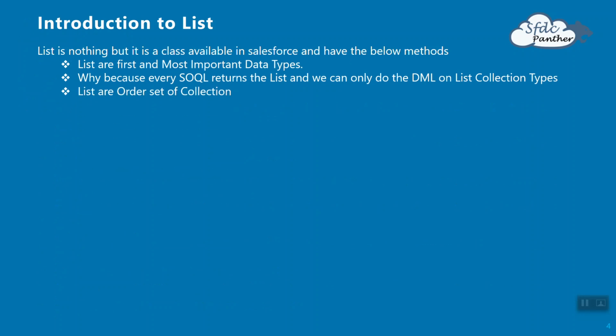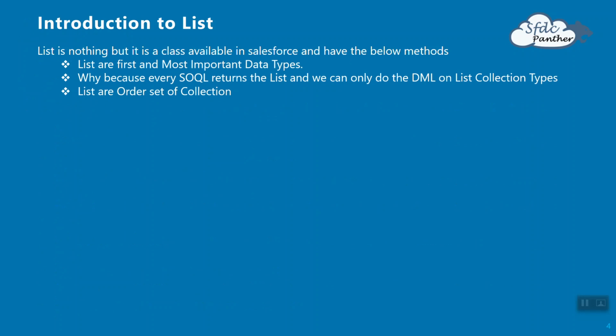And then list is an ordered collection. When we say ordered collection, that means if I'm adding a particular element at a particular index, I will get that element at that index itself. I will tell you more about this in the working session, because here you might get confused.